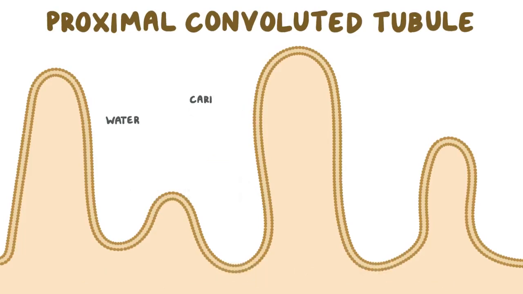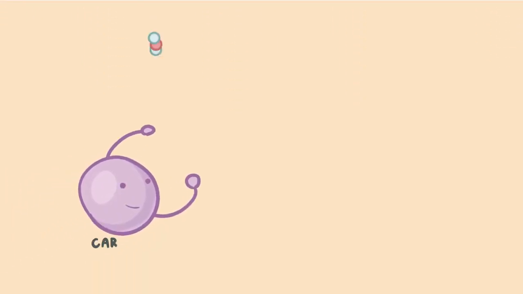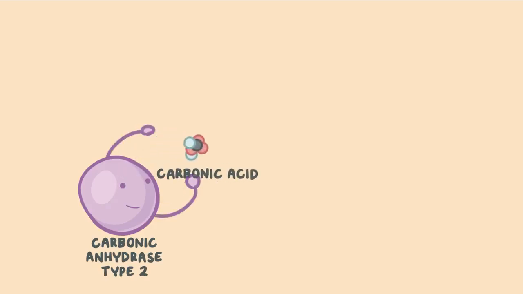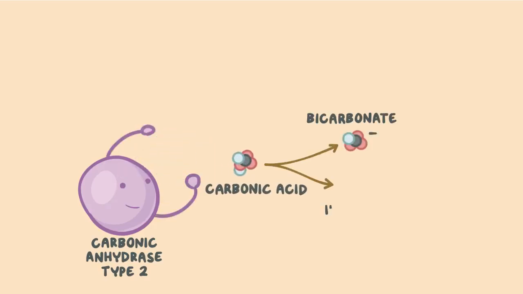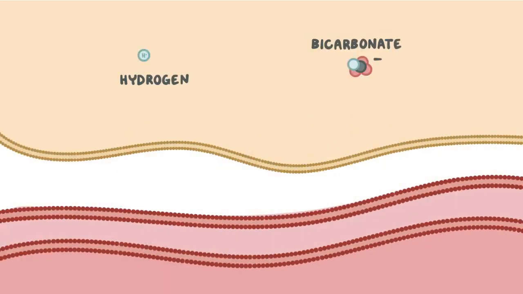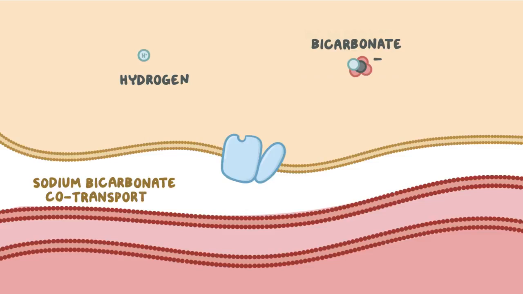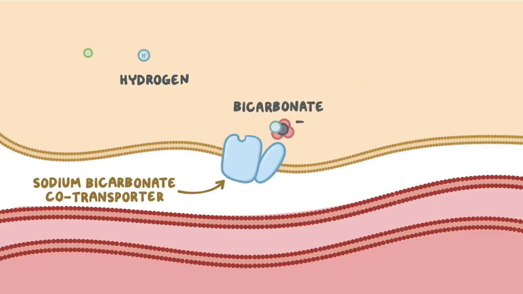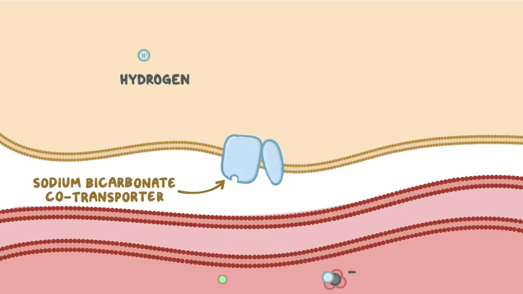The water and carbon dioxide happily diffuse across the membrane into the cells where carbonic anhydrase type 2 facilitates the reverse reaction, combining them to form carbonic acid, which dissolves into bicarbonate and hydrogen. A sodium bicarbonate cotransporter on the basolateral surface snatches up the bicarbonate and a nearby sodium and shuttles both into the blood.